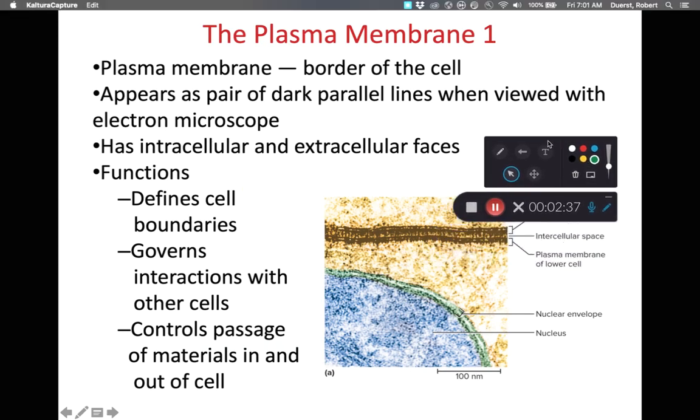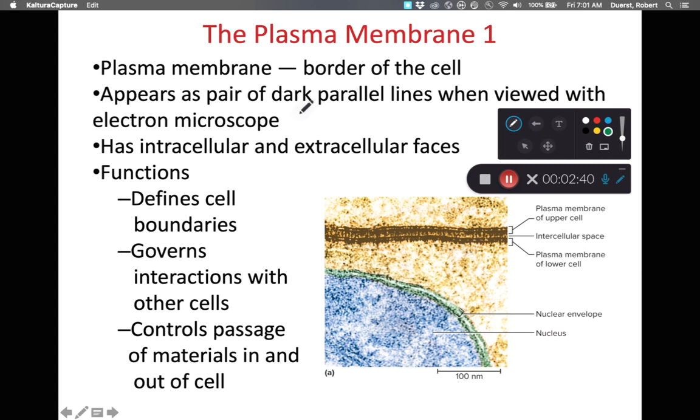As we look at our plasma membrane, it makes up the border of the cell. Another name for plasma membrane is cell membrane. When you look at it with an electron microscope, it appears as two dark lines. We have some phospholipids on one layer and some phospholipids on the other layer.